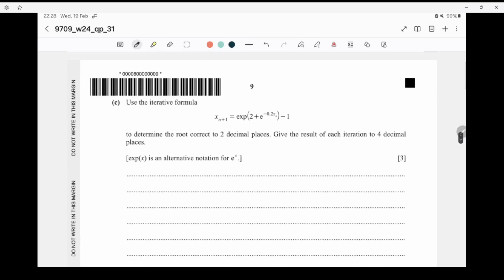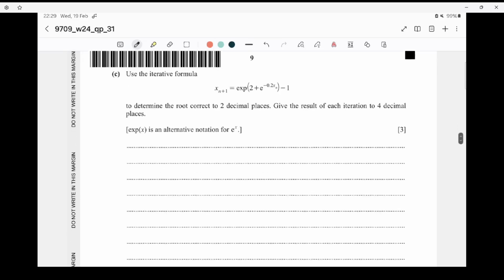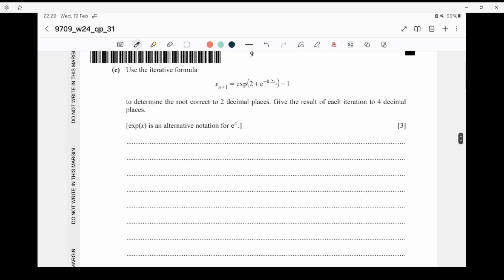Alright, so use the iterative formula to determine the root correct to 2 decimal places. So for each of your iterations you need to write down 4 decimal places. So this is your equation, minus 0.2xn plus 1.